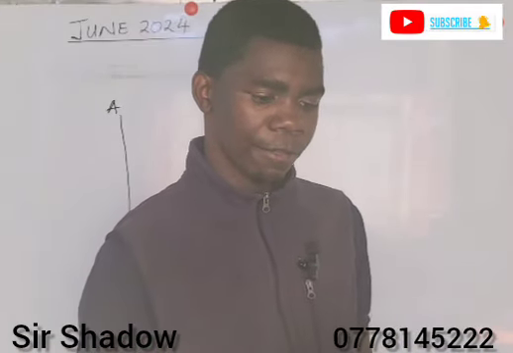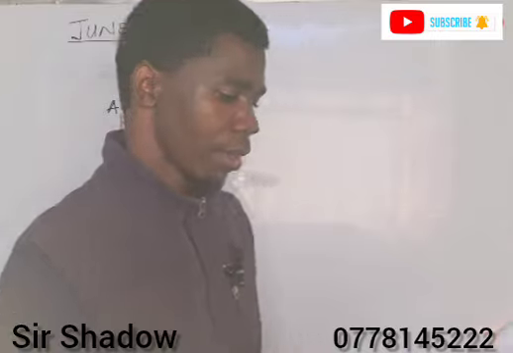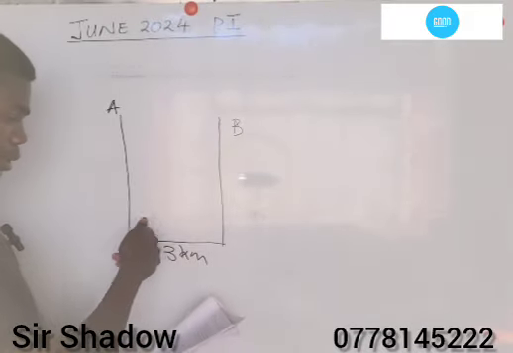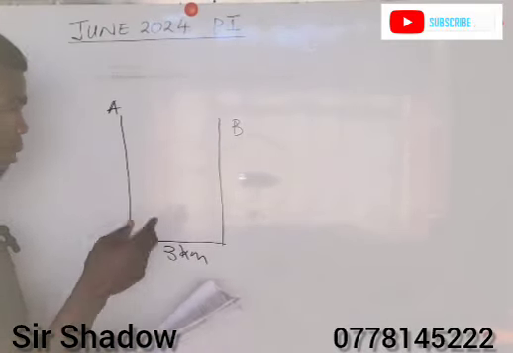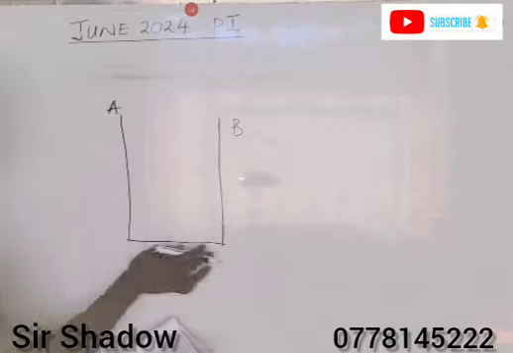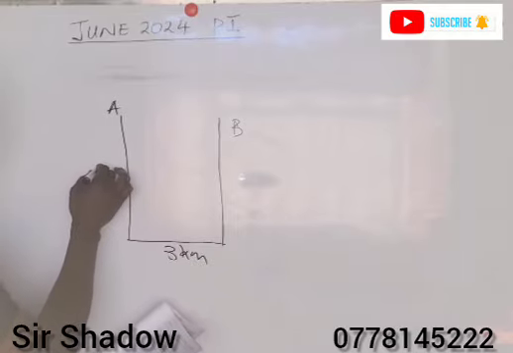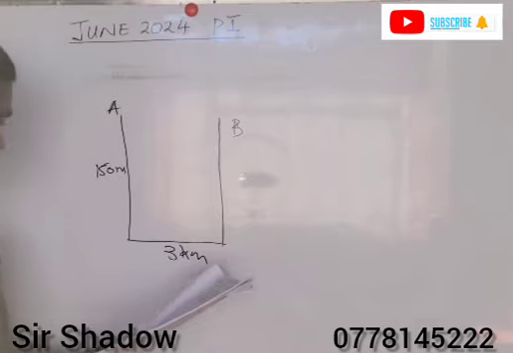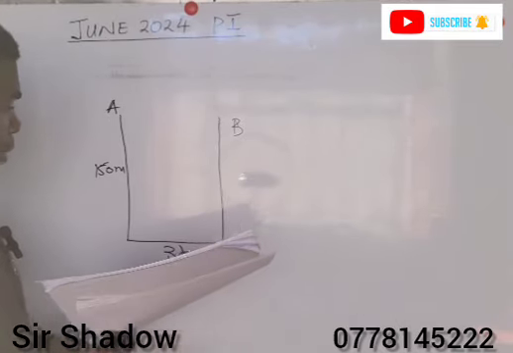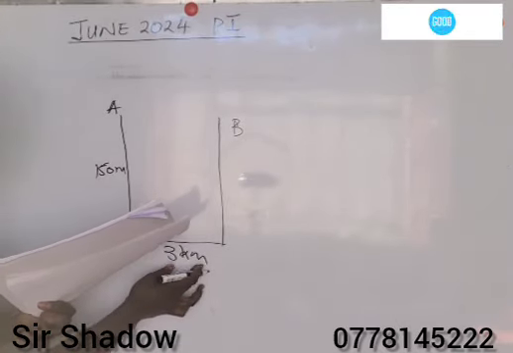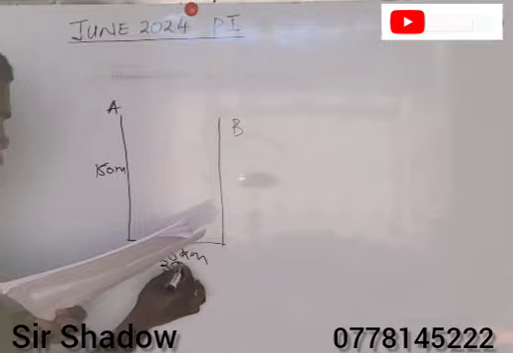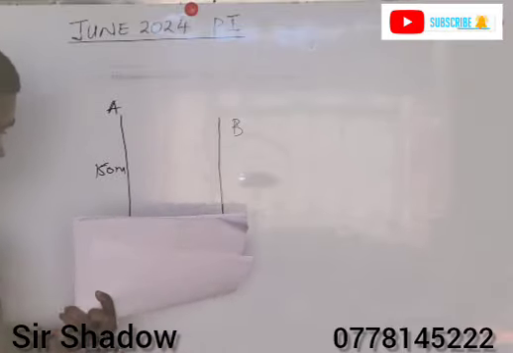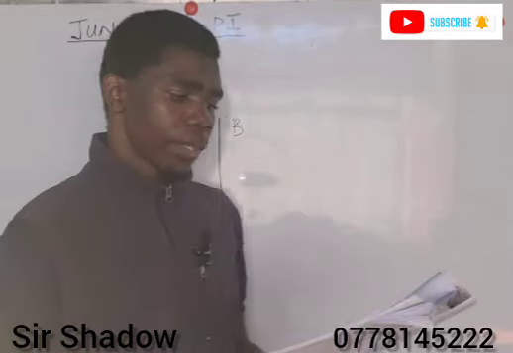Hill A is 150 meters above sea level. From this level ground it is 150 meters. But remember, 3 kilometers is the same as 3,000 meters.